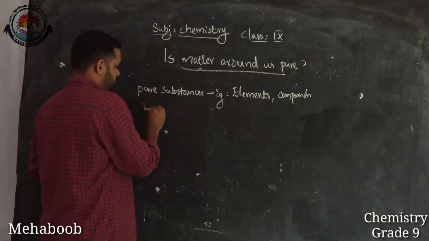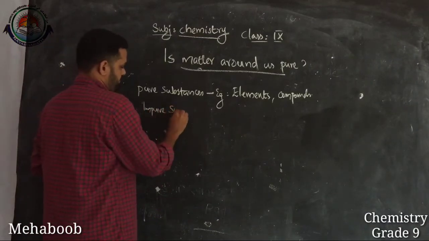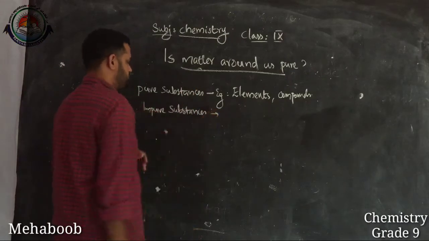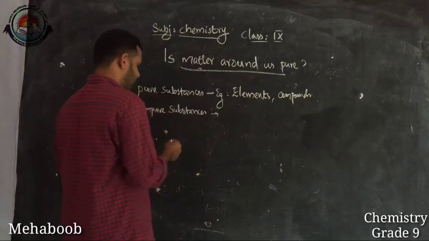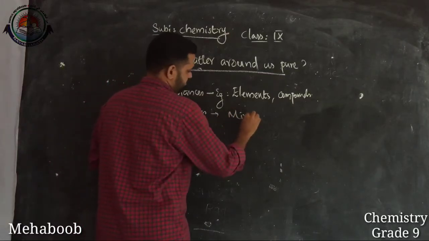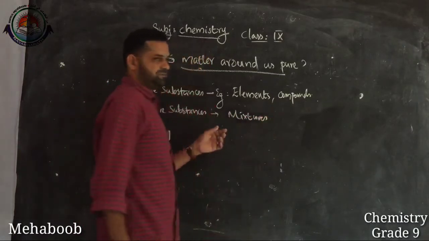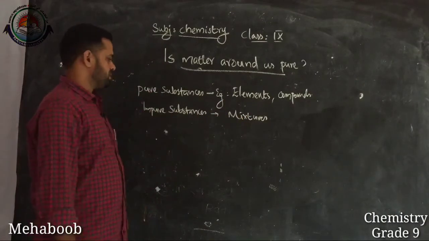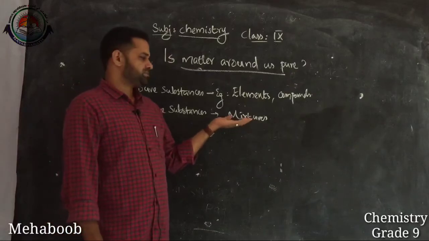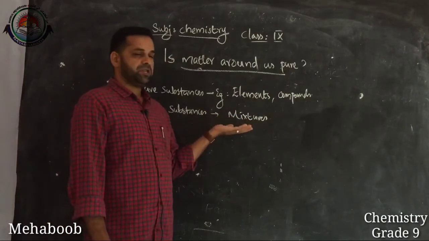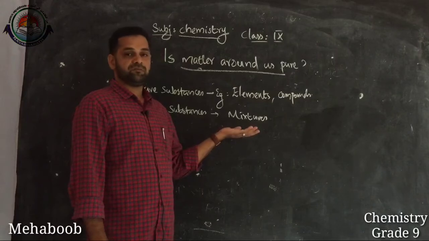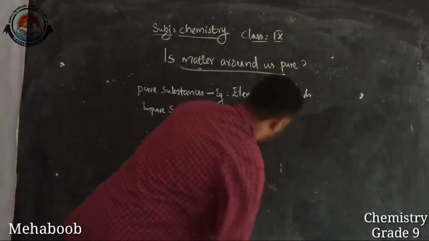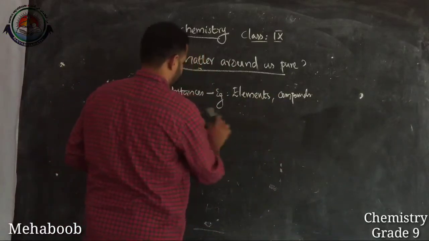And impure substances, an example for impure substances is mixtures. We will discuss the different types of mixtures. In impure substances, the substance is made up of a combination of two or more different kinds of particles. Now we will discuss in detail what an impure substance is.